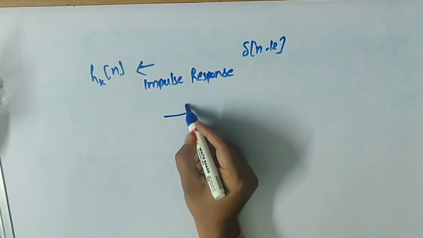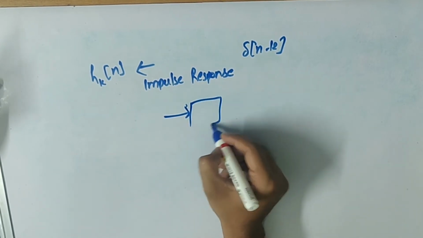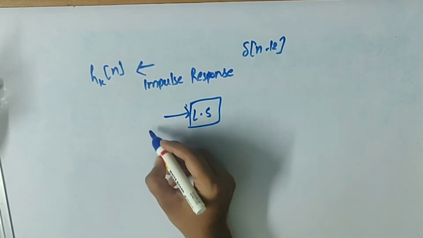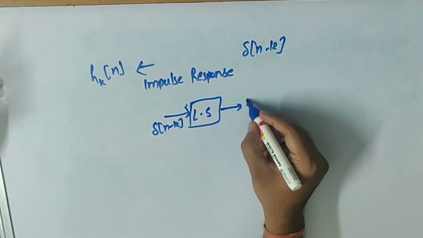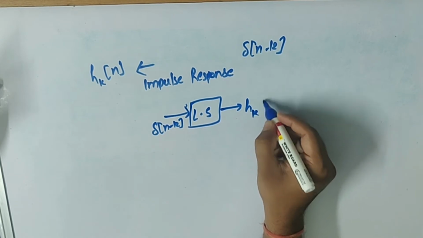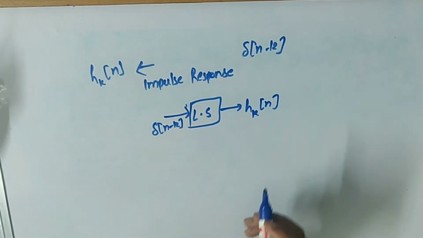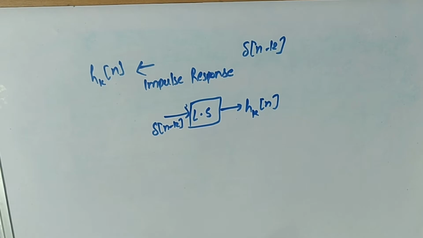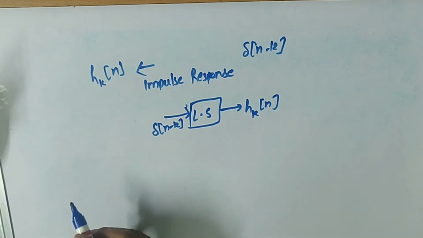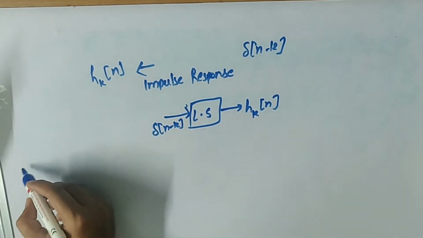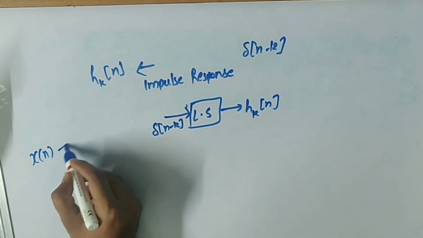In other words, for a linear system, if the input is delta[n minus k], let's assume the output is h_k[n]. Now for a general input, other than delta[n], let's say the input is x[n] and the output is y[n].